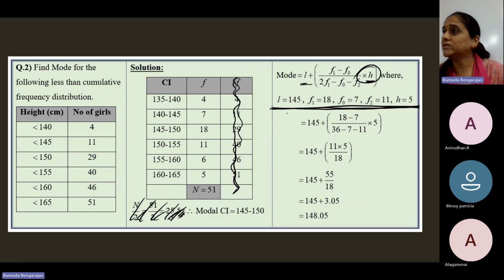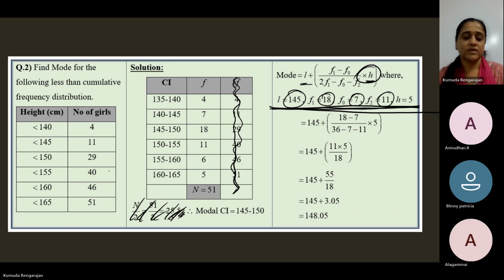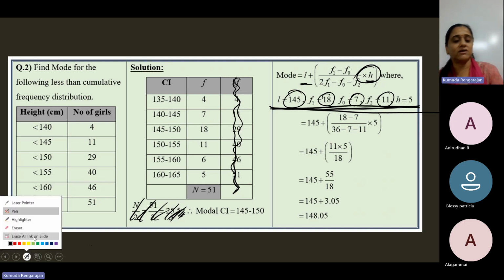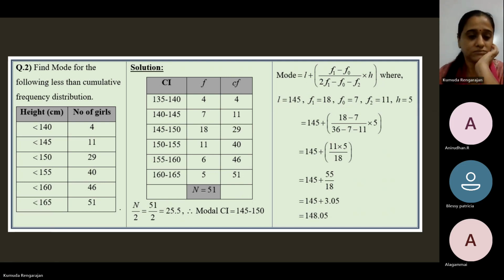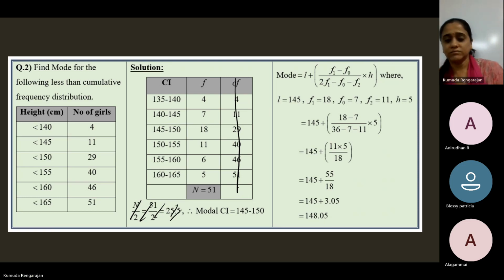You've found the values? Girls, stay back. You three and you both also stay back. I'll ask you. You got H. But these values you got right? What about Aniruddhan and Aragamai?